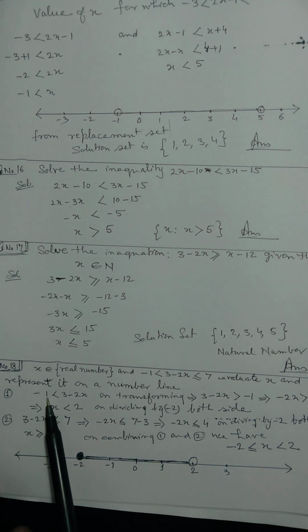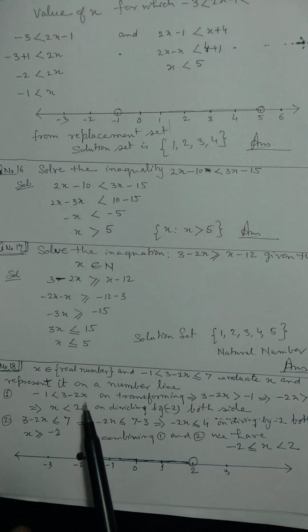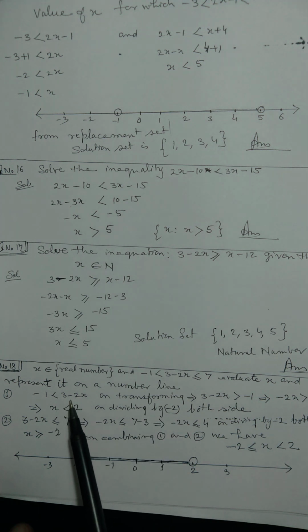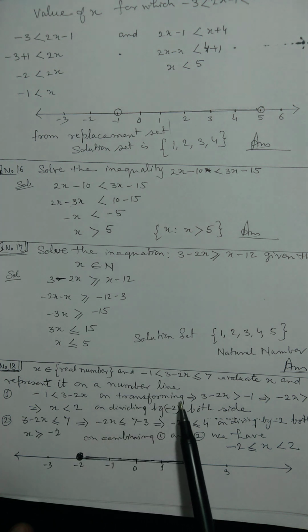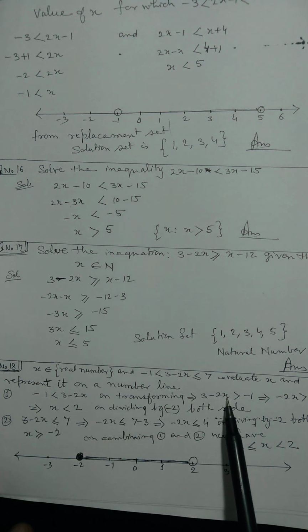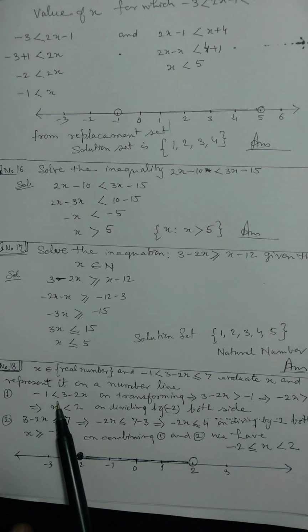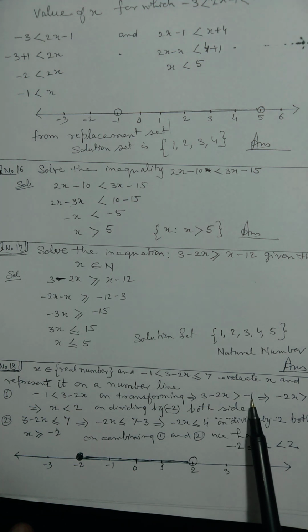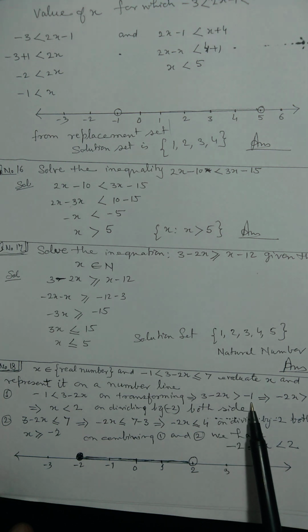Minus 1 less than 3 minus 2x. On transforming means you will just change the expression from right hand side to left hand side. So I have done it. 3 minus 2x. Now its sign is less than, now it has become greater than. So 3 minus 2x is greater than minus 1.